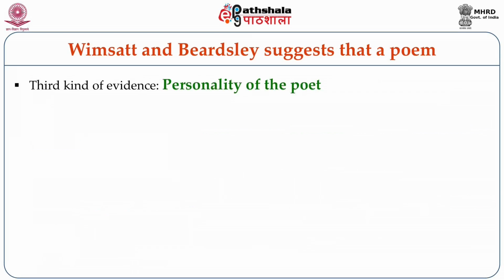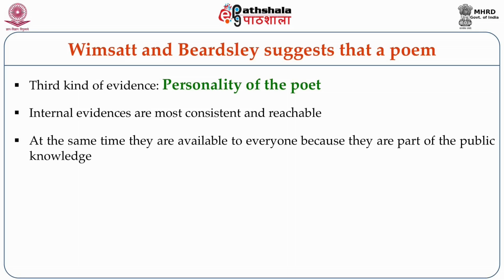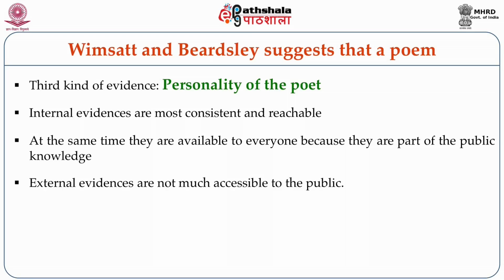A third kind of evidence is also there, and that is the personality of the poet. Internal evidence is most consistent and reachable. At the same time, it is available to everyone because it is part of public knowledge. External evidence is not much accessible to the public.